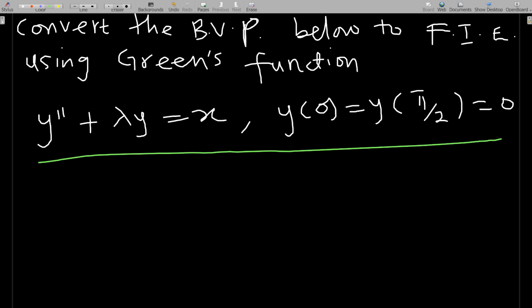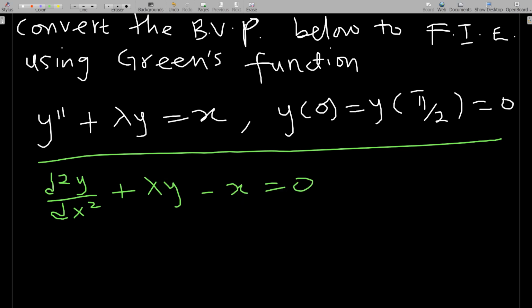But before that, let's quickly remind ourselves of something. We said that when you have something like this, you write it in a general form as d squared y dx squared plus lambda y minus x equals 0. If you want to convert this to an FIE using Green's function, then we compare it to the general form.